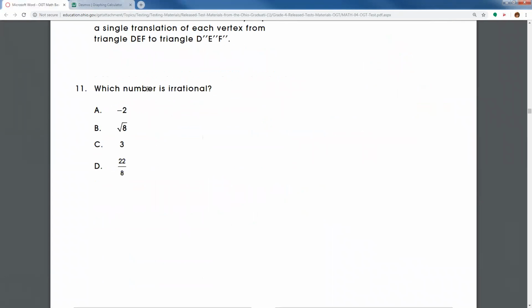So this one says, which number is irrational? Do you guys know what it means when they say the word irrational? Is it something like improper? Improper, like I can see how you're relating the two, but improper is a very specific math term. It's weird because you have to learn a whole new math language.